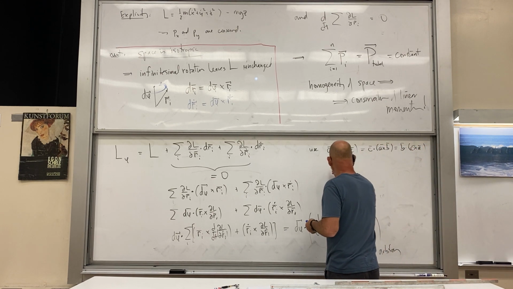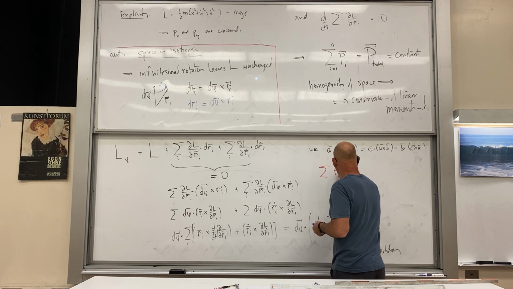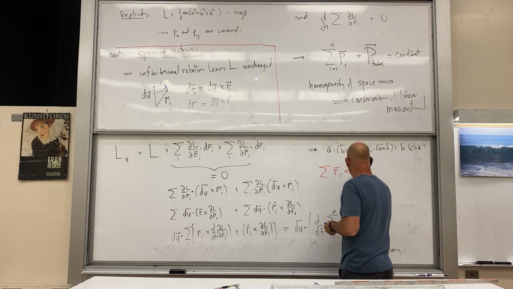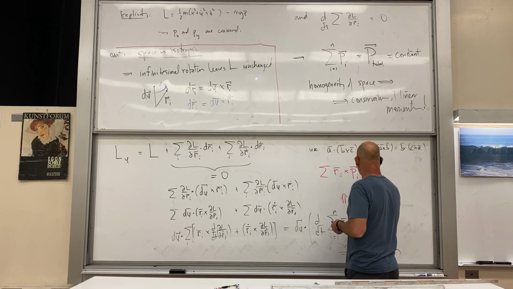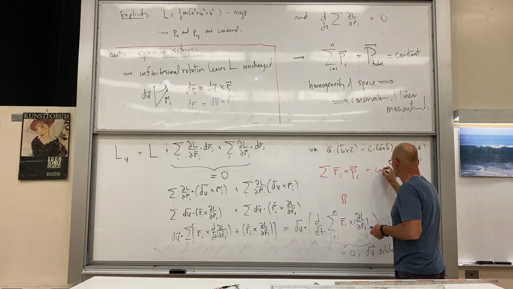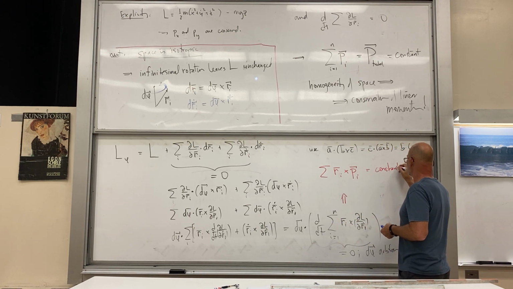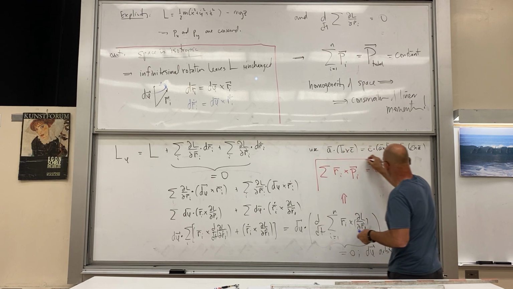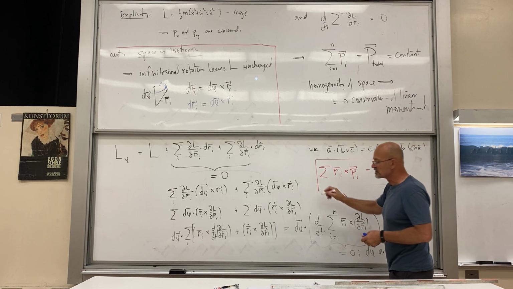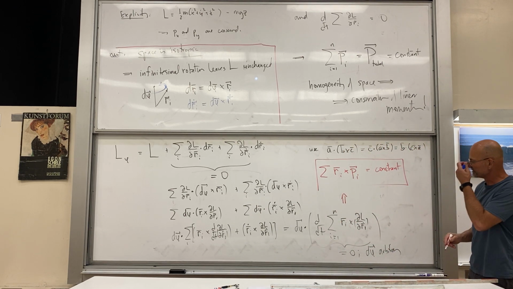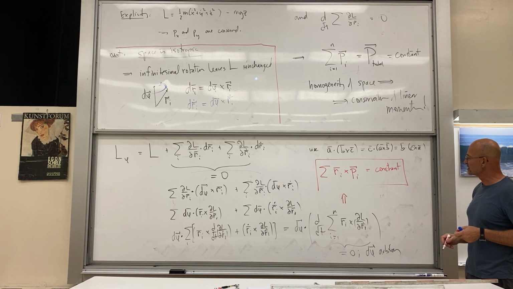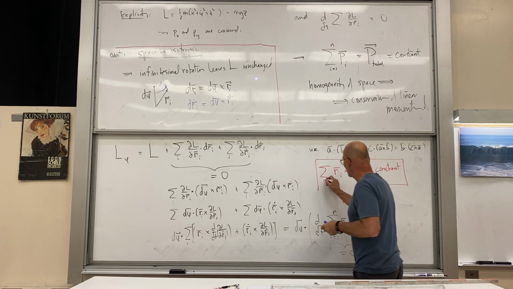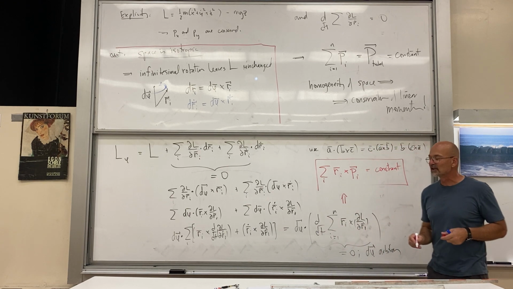So what we're finding is sum over r_i cross p_i is conserved. Yeah, so this was how we get the conservation of angular momentum. Conservation of angular momentum, and I should say conservation of total angular momentum.